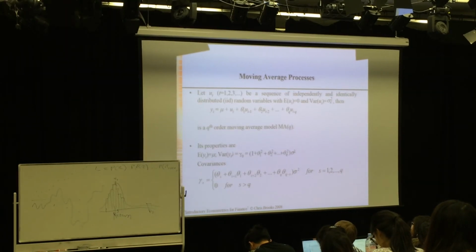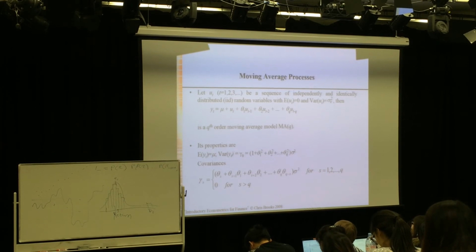Something completely unpredictable, like a terrorist attack, could have an effect on prices, and that's a random shock. Nobody predicted it, nobody knew. And what it's saying is that if there's a shock today, it will affect not just today's price, but also tomorrow's price, maybe the next day's price. It's persistent, so the shocks themselves are persistent.